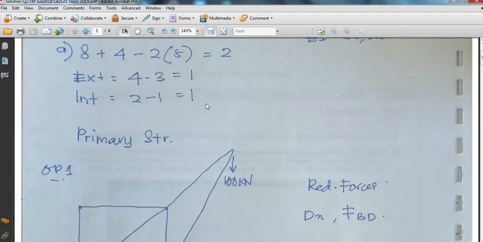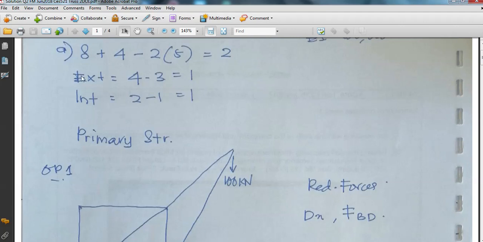Internal means you must remove the force in a member, so you remove the force in member BD. For this example, you must remove one reaction and one member. Why one reaction and one member? Because one external, one internal.